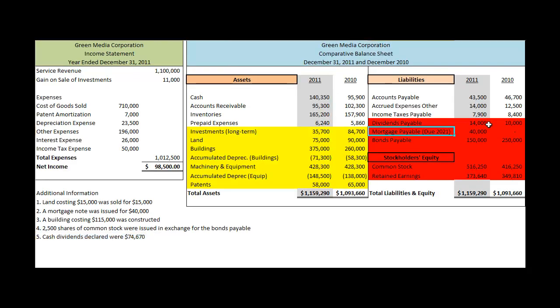Let's move to the mortgage payable. A mortgage payable is a long-term loan, a mortgage on a house typically. If I start the year with no loans and I end the year with a loan, that probably means I went to the bank and borrowed some money. Let's confirm or deny that depending on the information we're given down here. Number 2 says a mortgage note was issued for $40,000. So we're to assume that means we received cash of $40,000.